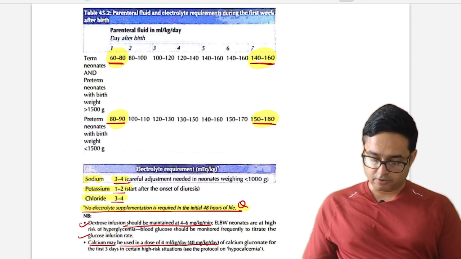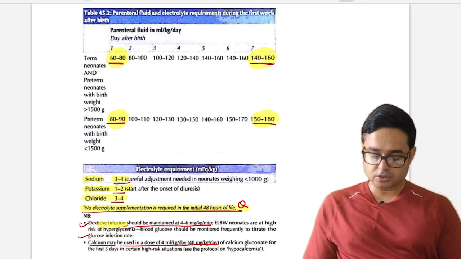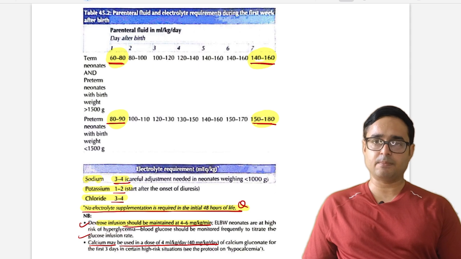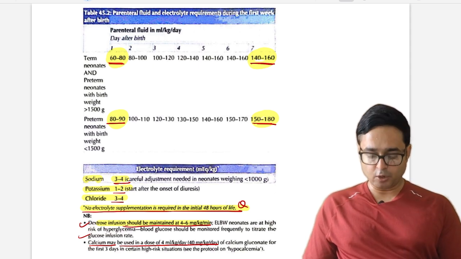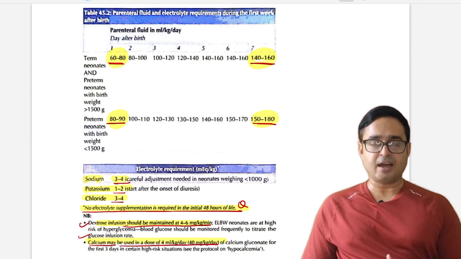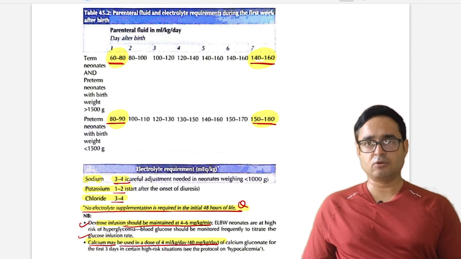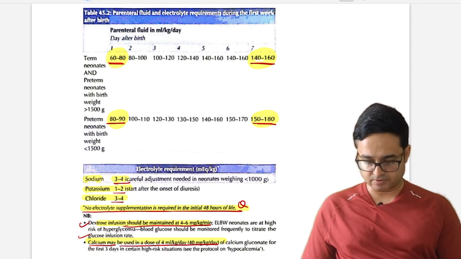Okay, so we have to start dextrose infusion, as we all know, 4 to 6 milligram per kg per minute, and calcium can be started on day 1. Okay, in certain high risk situations in electrolytes. Otherwise, electrolyte supplementation is generally not required for first 48 hours.